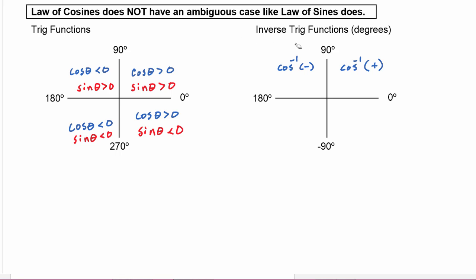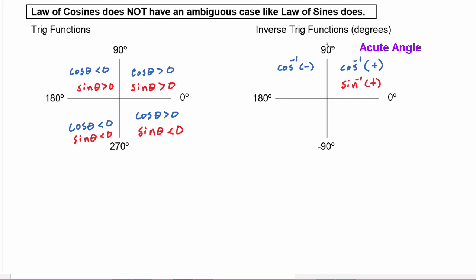And if we come over here to the inverse trig functions, we know if we're taking the sine inverse of a positive, that will output a quadrant 1 angle, so in degrees, that would be between 0 and 90, and certainly a triangle could have an angle between 0 and 90.